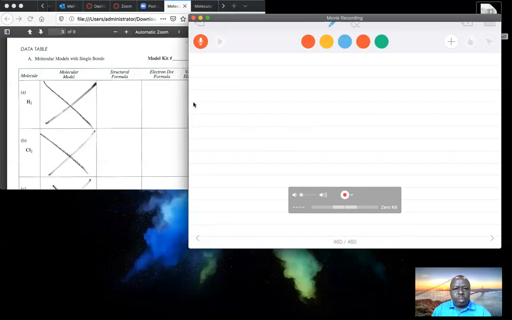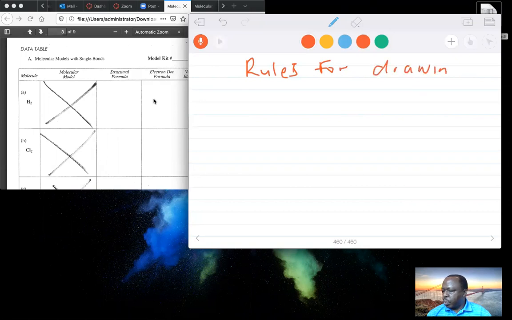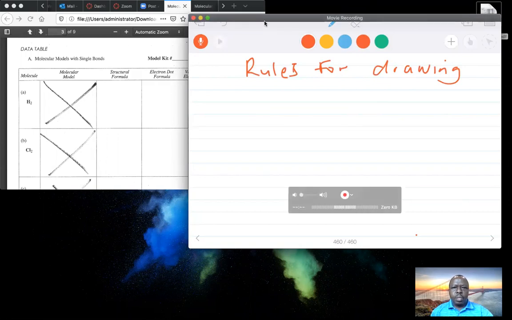I'm going to write the rules here on how you will arrive at that. It's not going to be simple. One, these are the rules for drawing electron dot, all right?